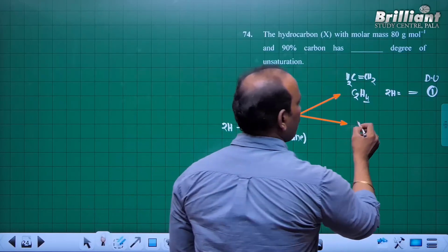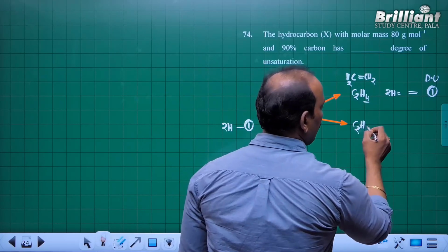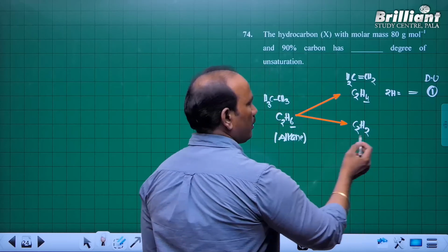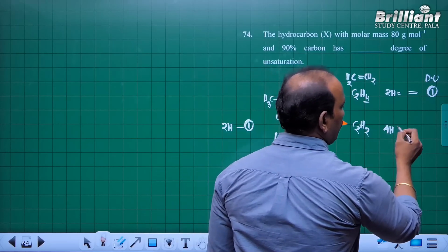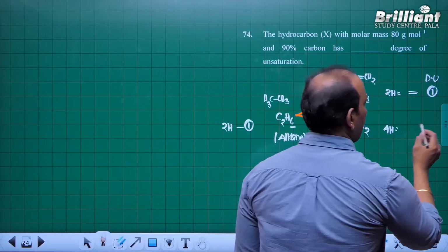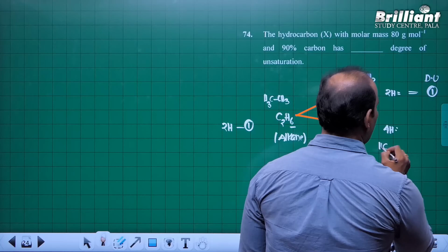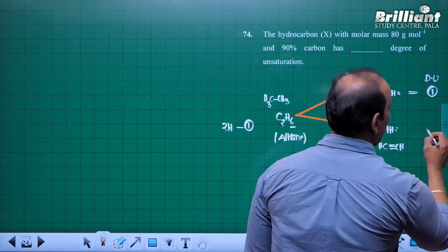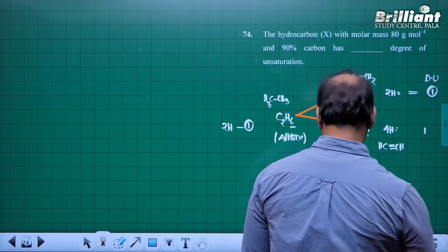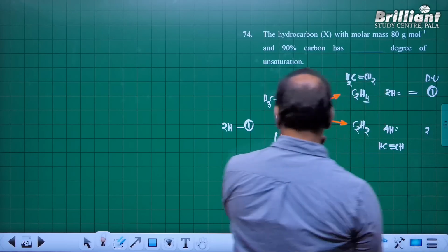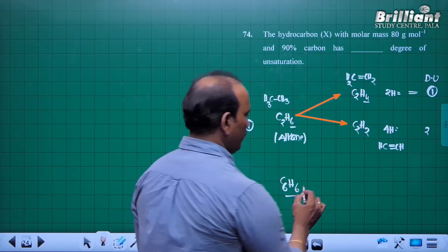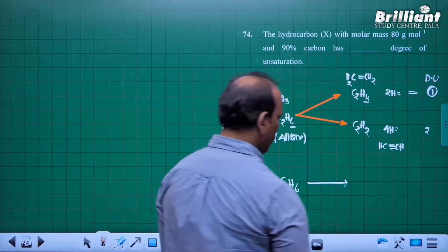Next, we take C2H6 and C2H2. Compared to this one, how many hydrogens are less? 4 hydrogens, which means 2 pi bonds. Then here CH triple bond CH. What is the DU? DU equals 2. Similarly, C6H6 is there, then here the relative alkane.